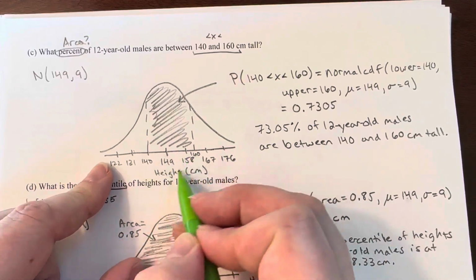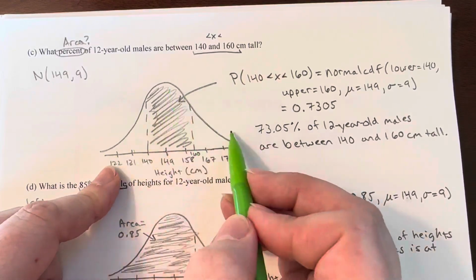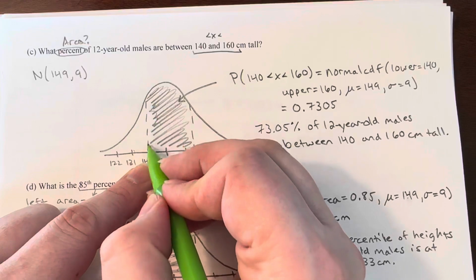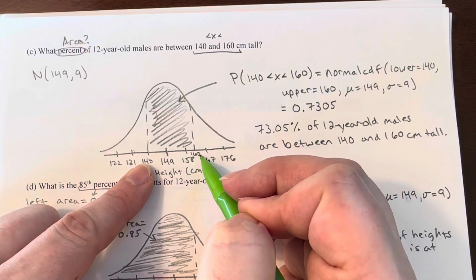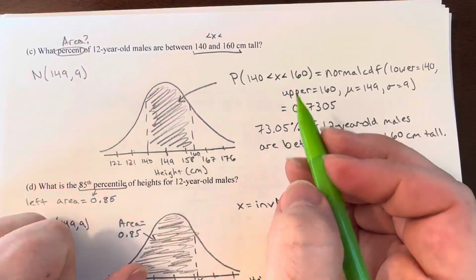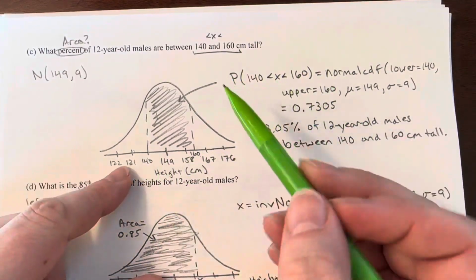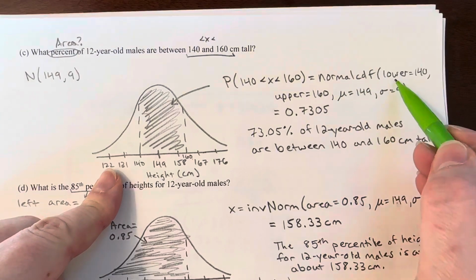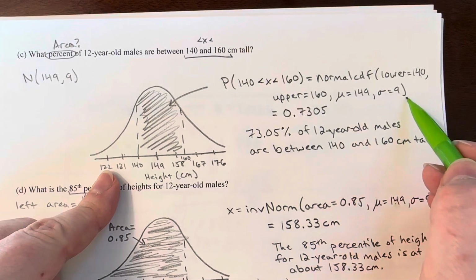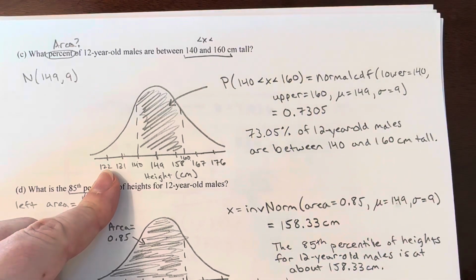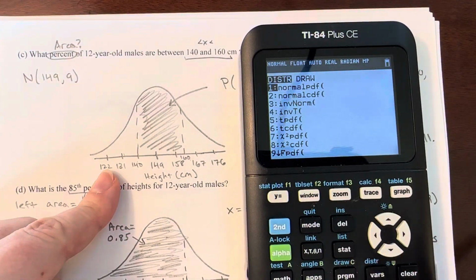I scaled and labeled my number line. I have my curve drawn above it. My left boundary at 140, my right boundary at 160. Right? Notice that I actually wrote in the number when it wasn't one of the data points already on the number line. And normal CDF, lower bound is 140, upper bound is 160. My mean is 149, standard deviation 9. And if we go through to calculate, second vars, go to distribution.